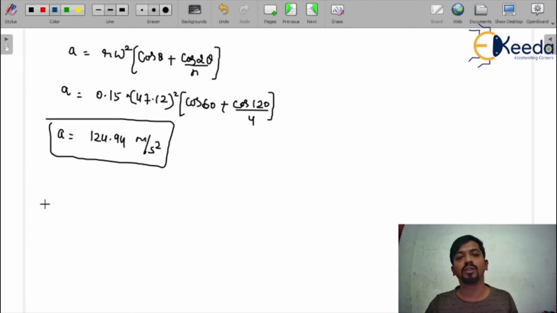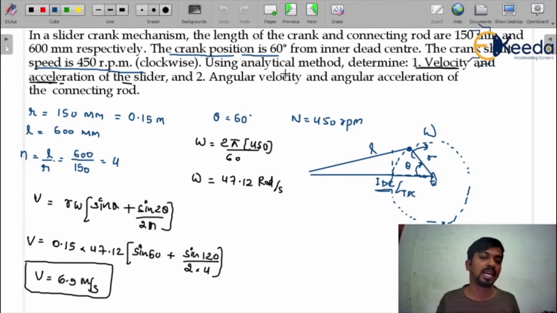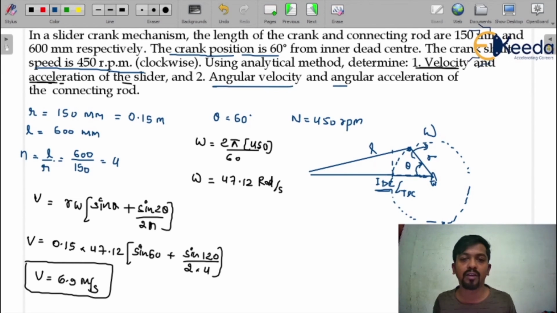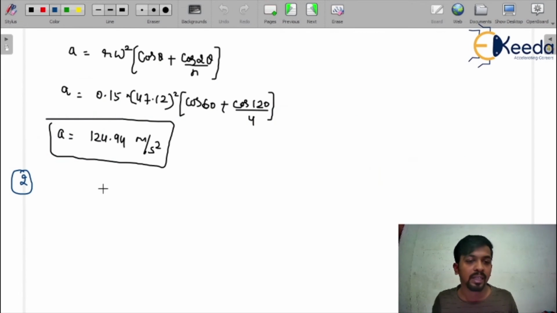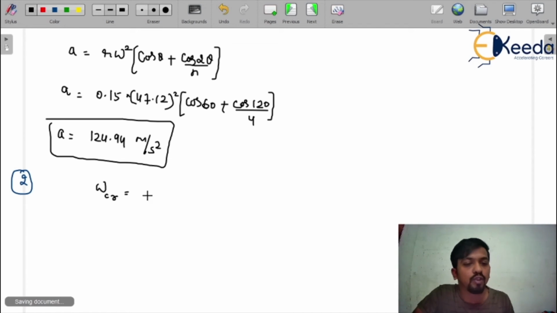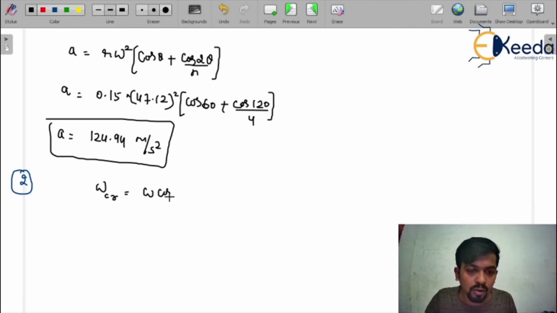Now we are going to solve the second part of the question. What is it asking? It is asking us to find out the angular velocity and angular acceleration of the connecting rod. What is the formula for the angular velocity of the connecting rod? We have derived this formula and got the final result, that omega CR is equal to omega cos of theta by n.